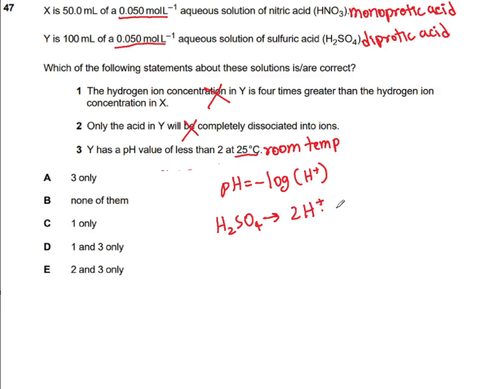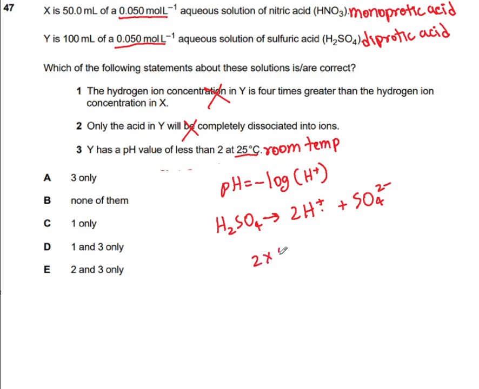In a real-life experiment, we'd assume that it partially dissociates for the second dissociation, but for calculation let's assume it dissociates completely into 2 protons and sulfate ion. We also previously calculated this: we just directly use the concentration of the sulfuric acid and multiply by 2 because we have 2 protons.